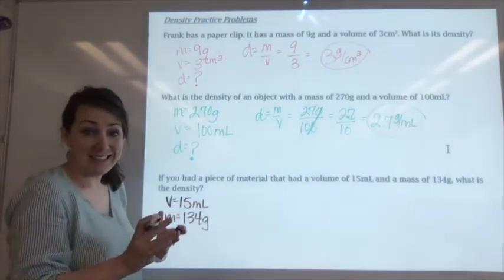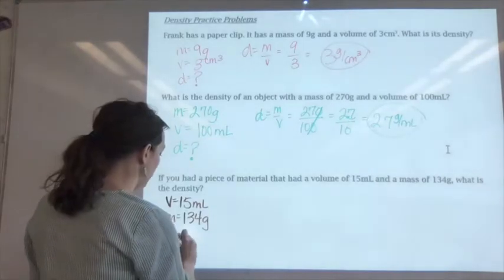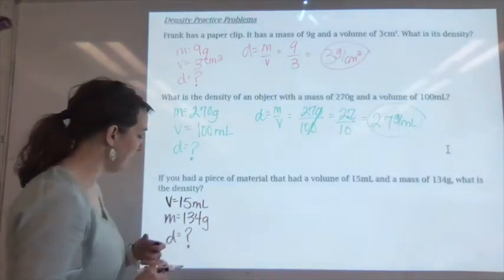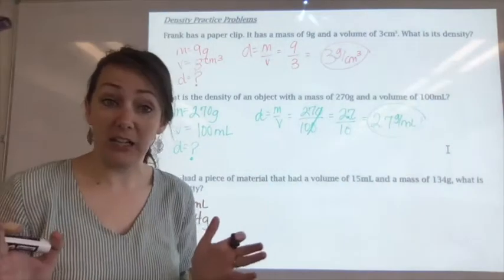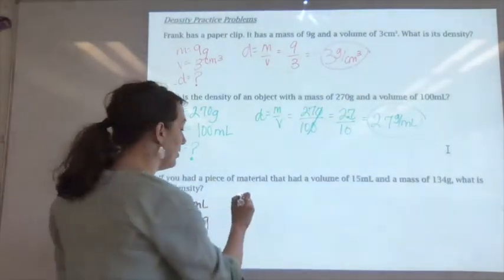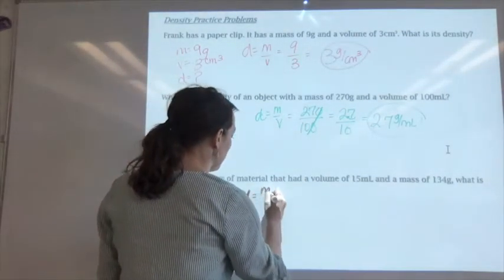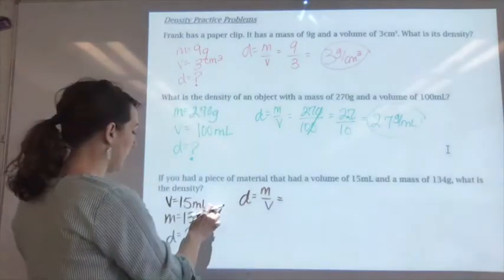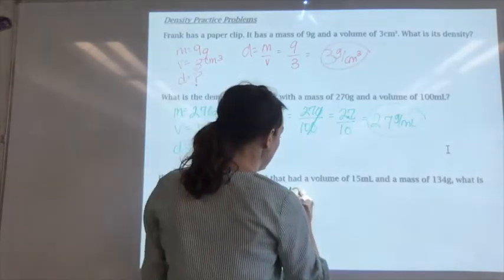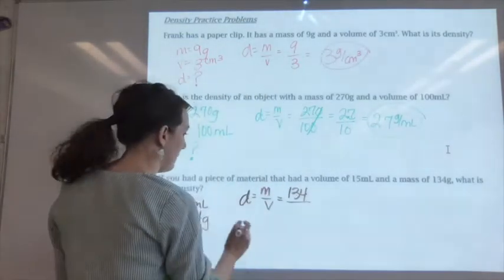What is the density? That is our unknown. So this one you might need a calculator for, and that's okay. So if I do density is equal to mass over volume, we're going to do 134 grams divided by 15.